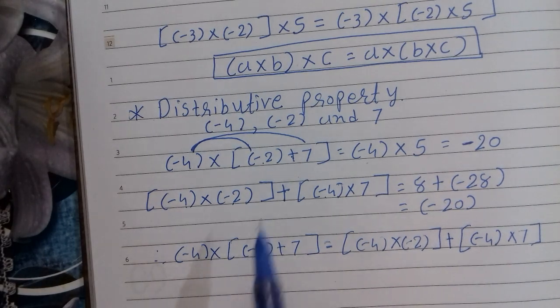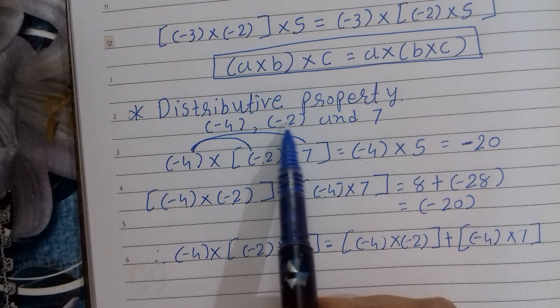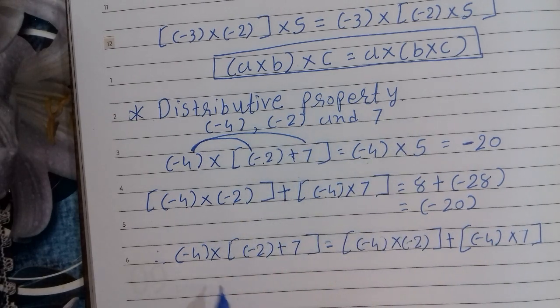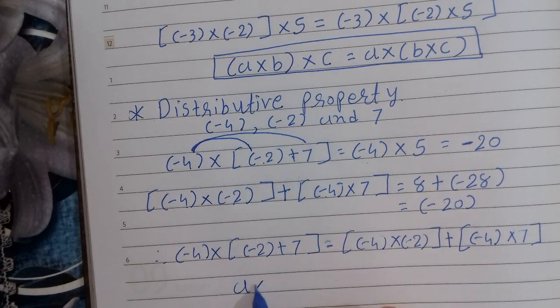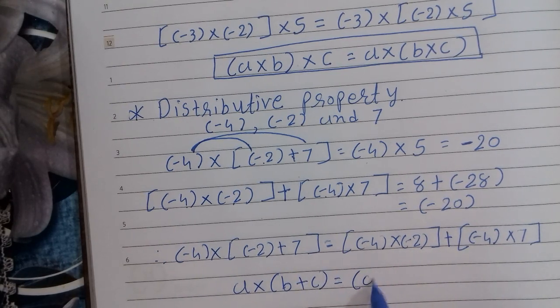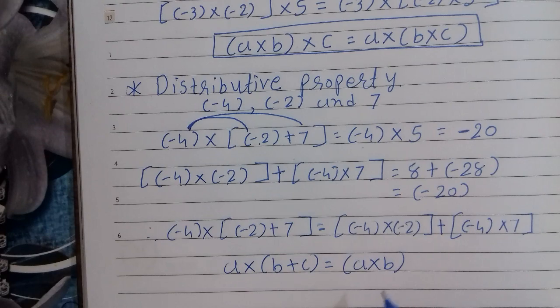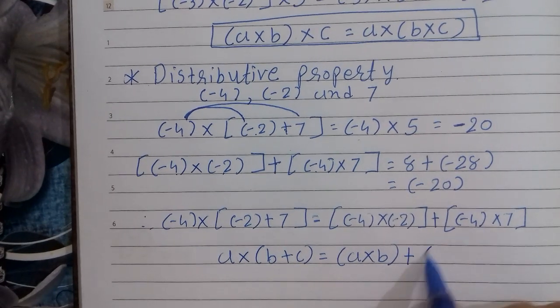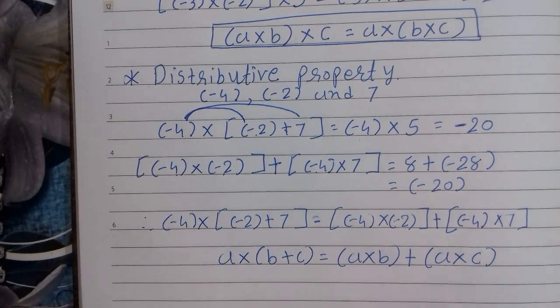So in general, for any three integers a, b and c, a multiplied by b plus c is equal to a multiplied by b plus a multiplied by c.